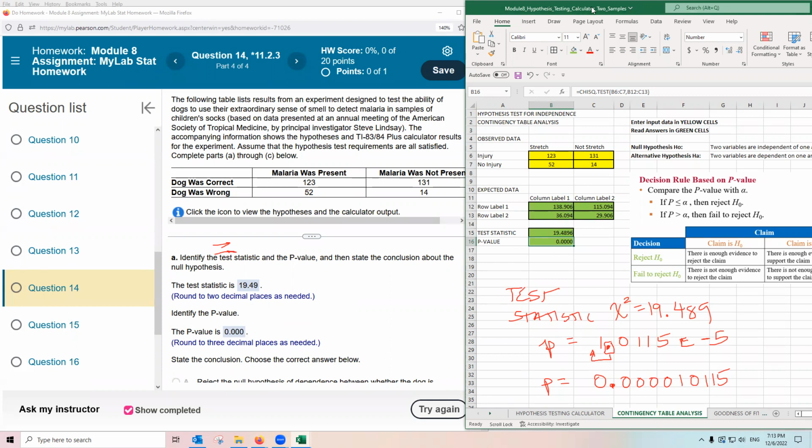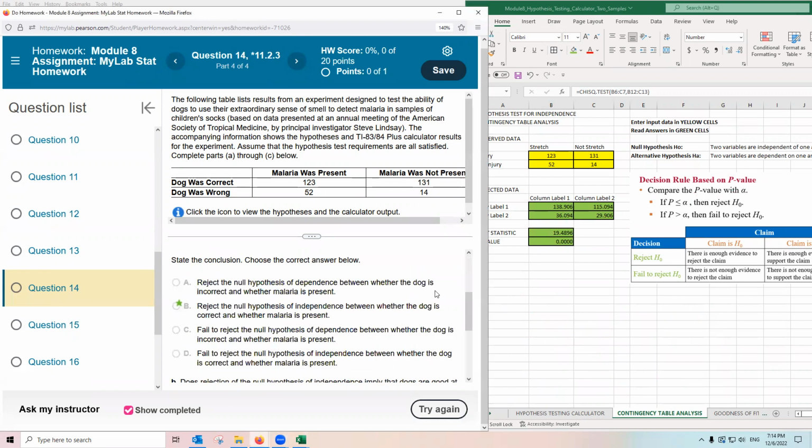Definitely in this case, the p-value is less than alpha, because the p-value is 0 here, and that's less than, we assume, 0.05. If the p-value is less than alpha, we're going to reject the null hypothesis. So let me scroll down here to go to the choices. We're going to reject the null hypothesis. And remember, the null hypothesis always makes a statement about independence. The alternative makes a statement about dependence.